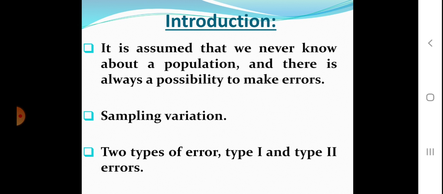The first one is type 1 error, the second one is type 2 error. Before knowing about the types of errors, it is very essential to know some basic concepts concerning testing of hypothesis.